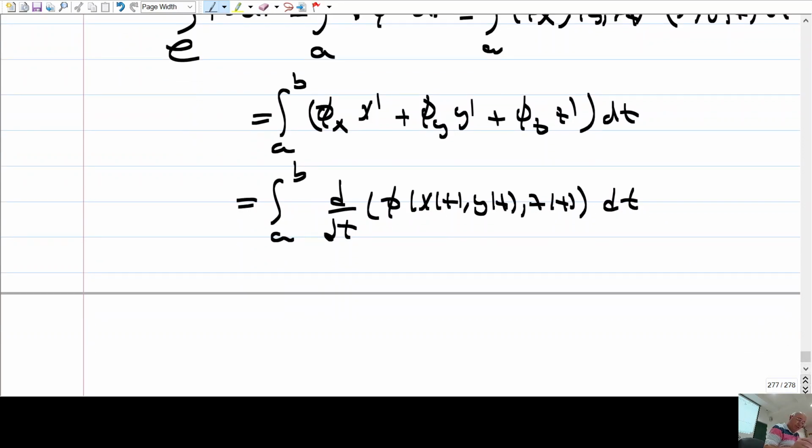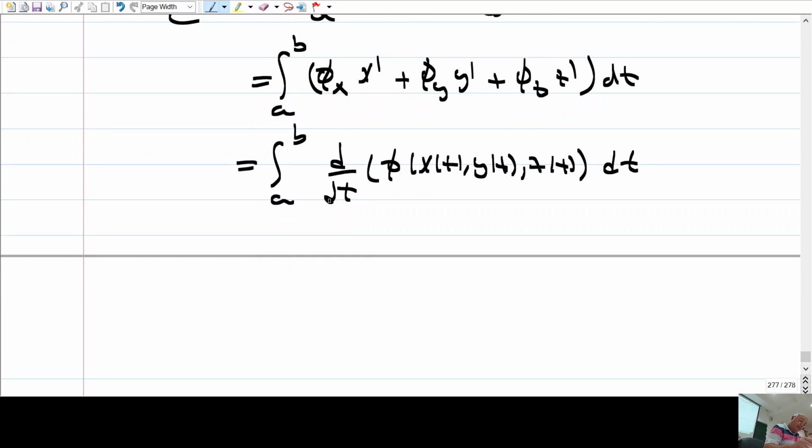Because when you take the derivative of this, what do you do? You take the derivative with respect to the first variable, which is x, times the derivative of x with respect to t, plus the derivative of phi with respect to the second variable, y, times the derivative of y with respect to t, plus the derivative of phi with respect to the third variable, z, times the derivative of z with respect to t. So this whole expression is just the t derivative of this.